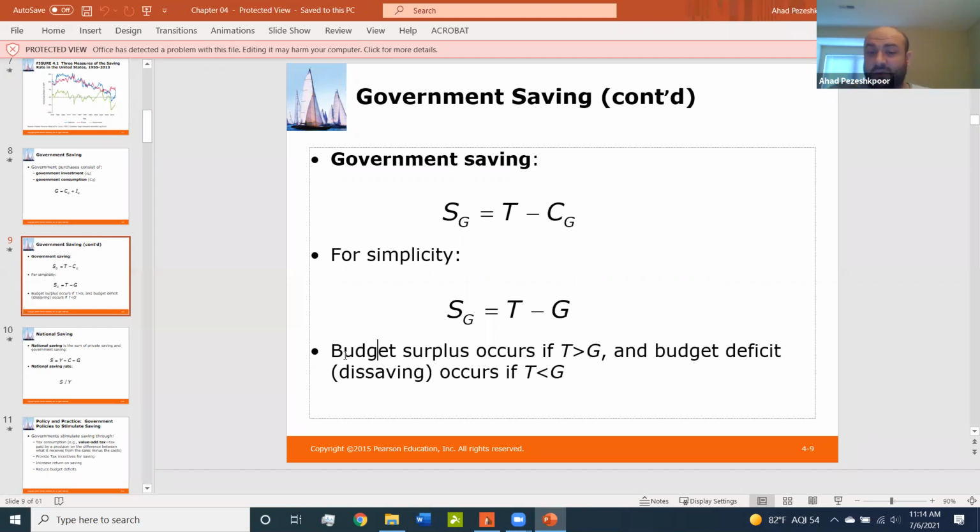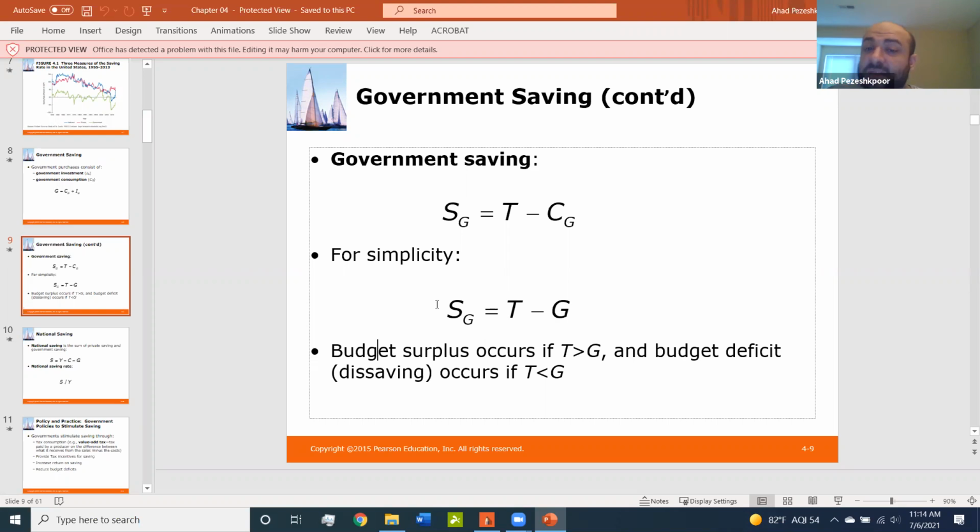This is what it comes from. If the government's saving is bigger than 0, the government has a budget surplus.